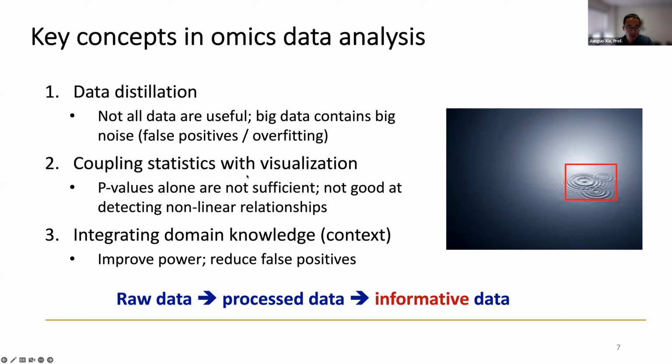You really need to understand the big picture. The whole idea is to go from raw data, to processed data, to informative data. Informative data means data you can think on and make decisions on. This part is hard. Why? Because informative to me is not informative to you. We have different backgrounds.